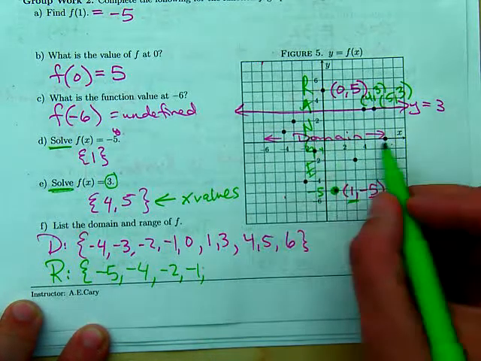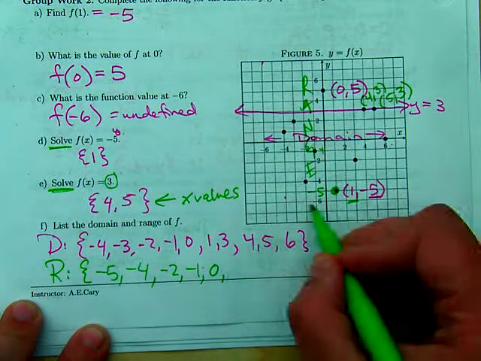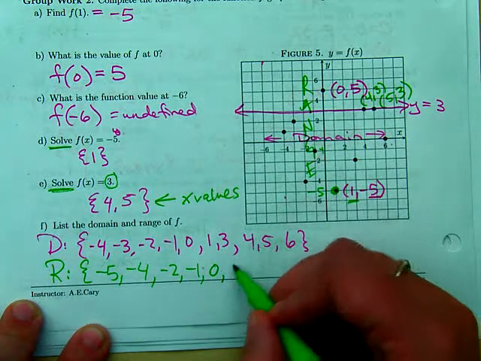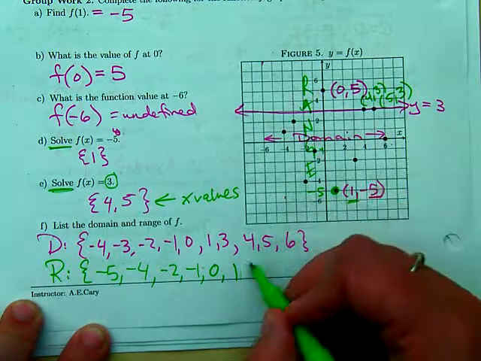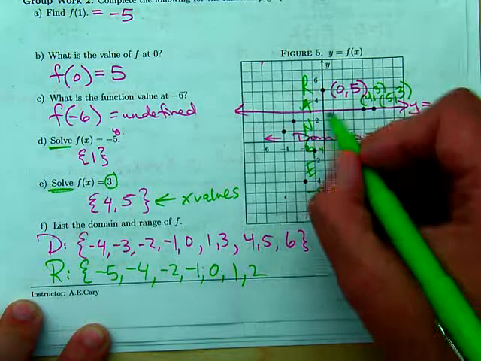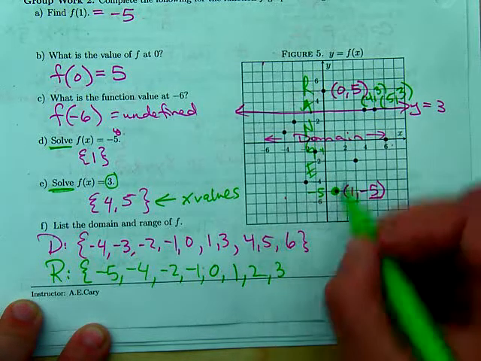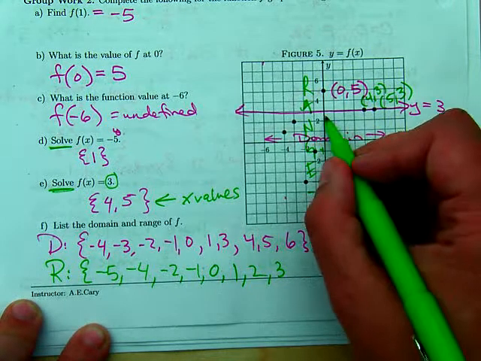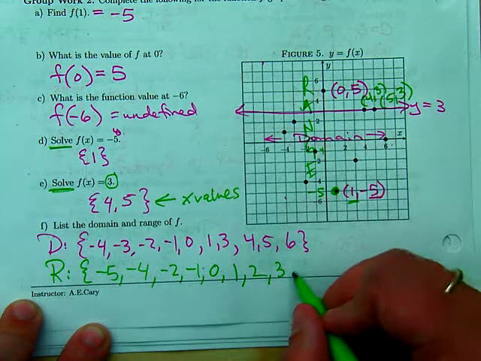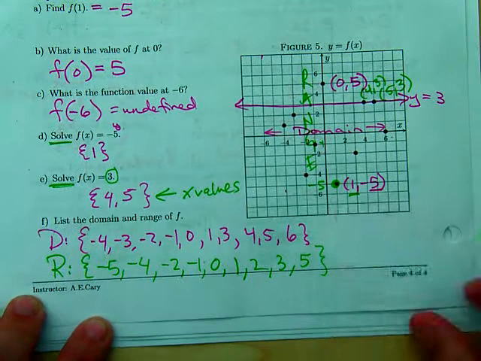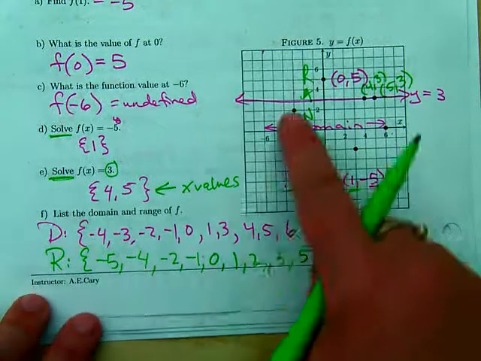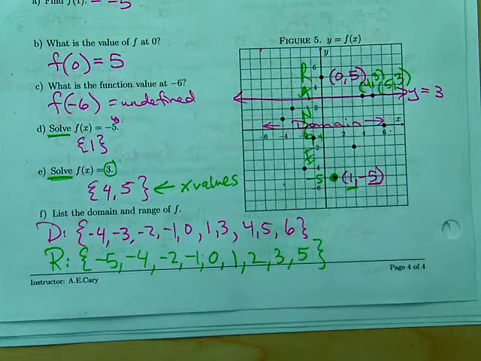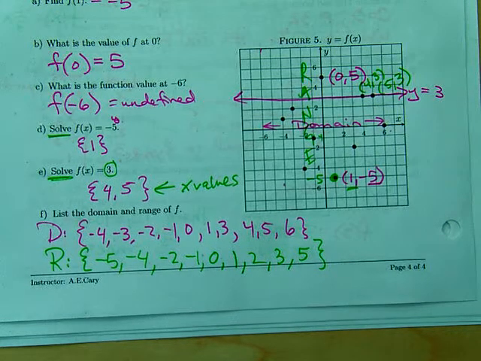Are we stopping at floor 0? Am I going to make a stop at 1, 2, 3? 2 people get off the elevator at 3. And then we're going to stop at the 5th floor, and that's it, because notice that we only have a certain number of ordered pairs there. Okay? All right.